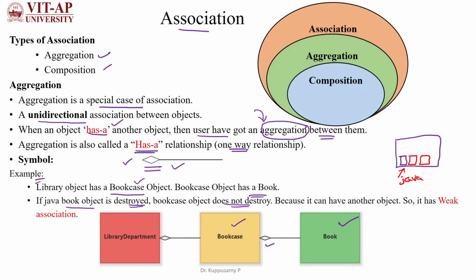When you destroy the Java book, the bookcase will not be destroyed, it will be available as it is. Only the Java book is removed from the bookcase or book rack, so the book rack is still available there. This kind of relationship is called a weak association relationship.